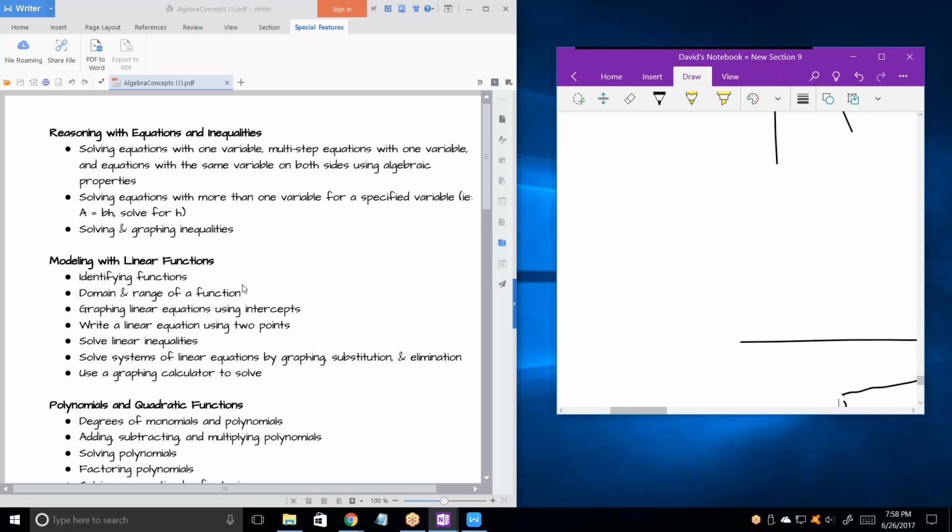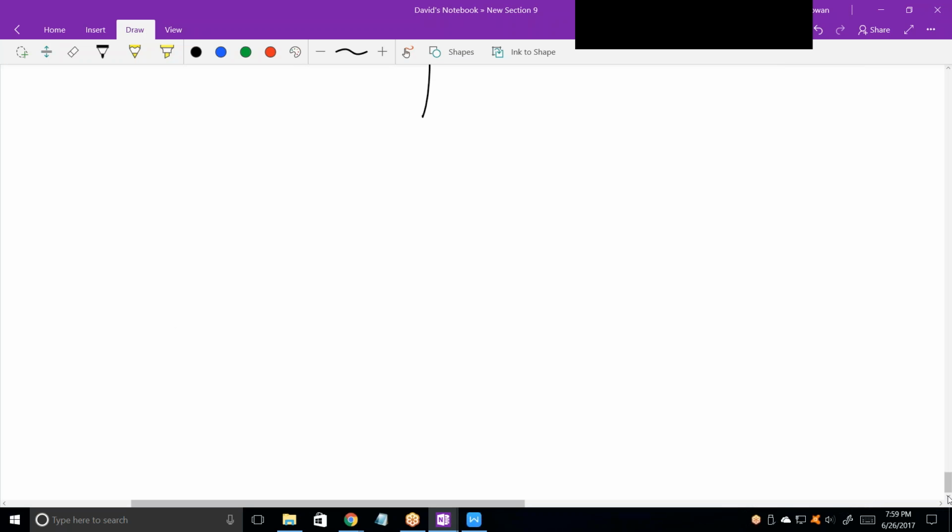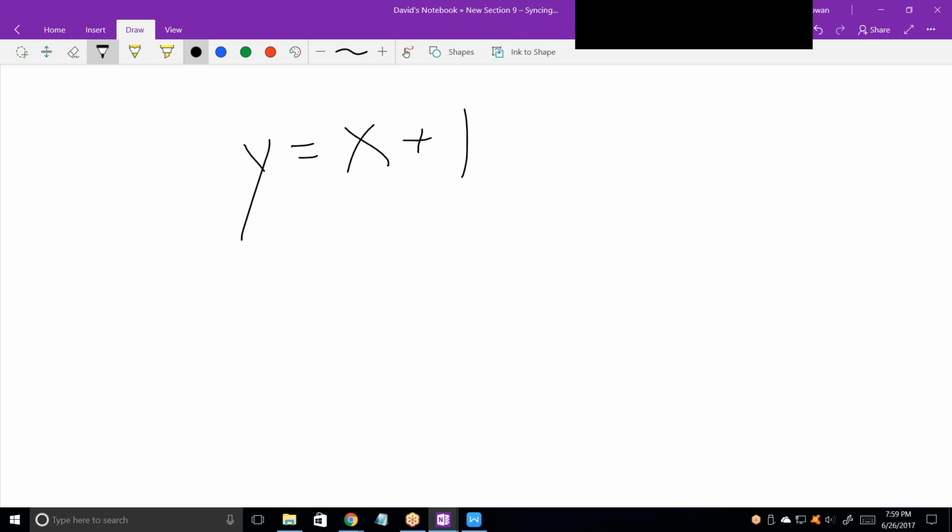All right. Domain and range of a function. This is actually pretty easy, even though it gives people a lot of trouble. Domain is all the possible values of x. What different values can I put in for x there?